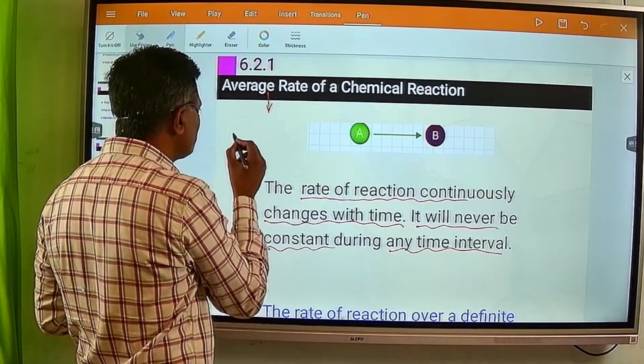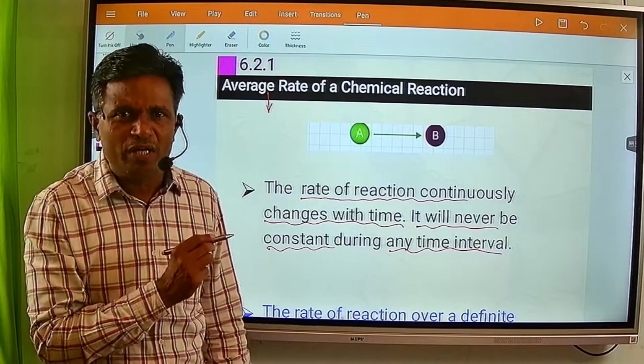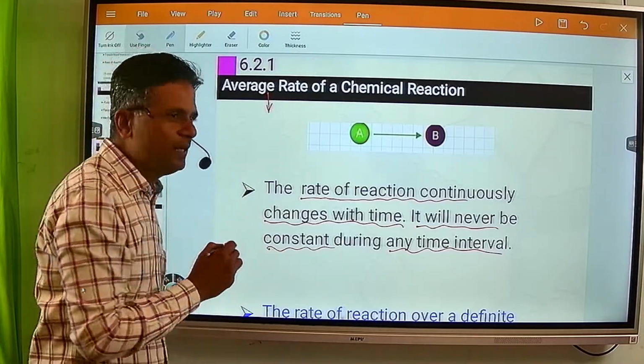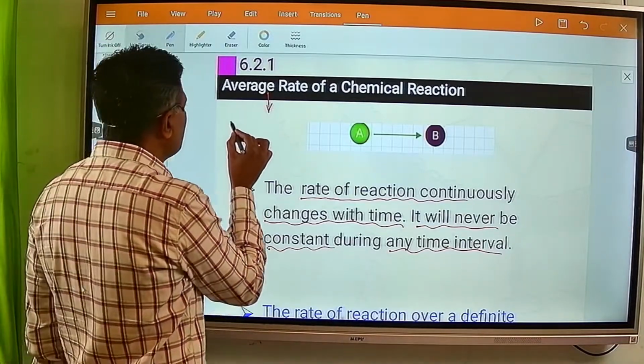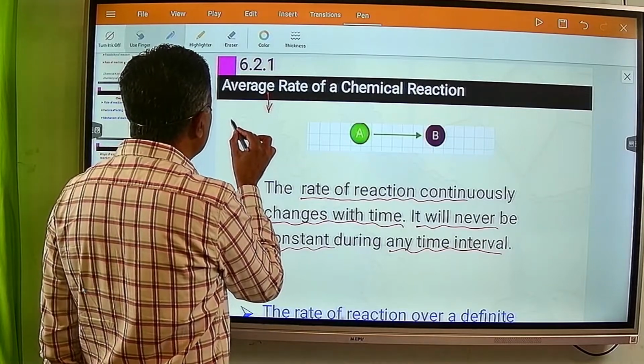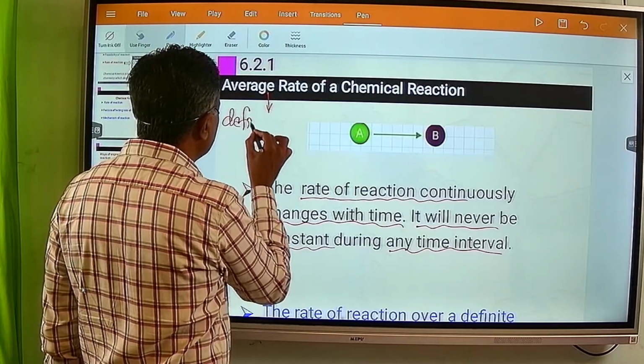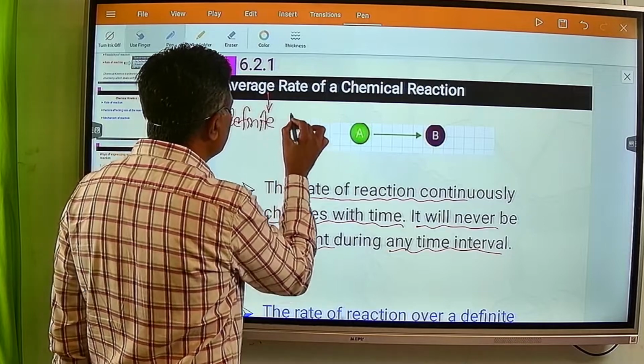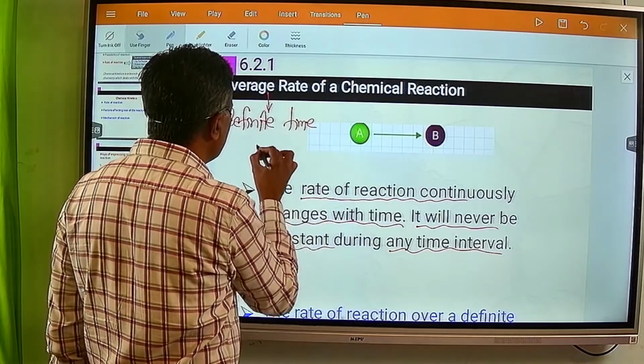Means here, while determining the average rate of reaction, you have a definite time interval.